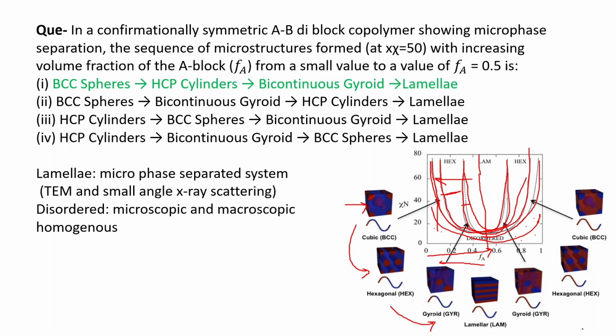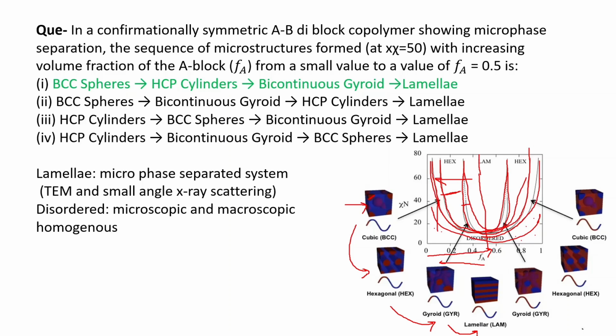And when we reach 0.5 each of A block and B block, we get the lamellar structure, where there are equal layers, layer by layer, in equal proportions of the A and B polymers.